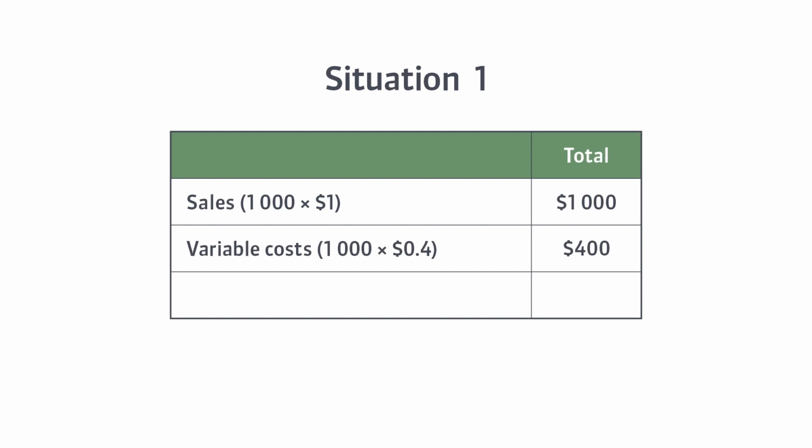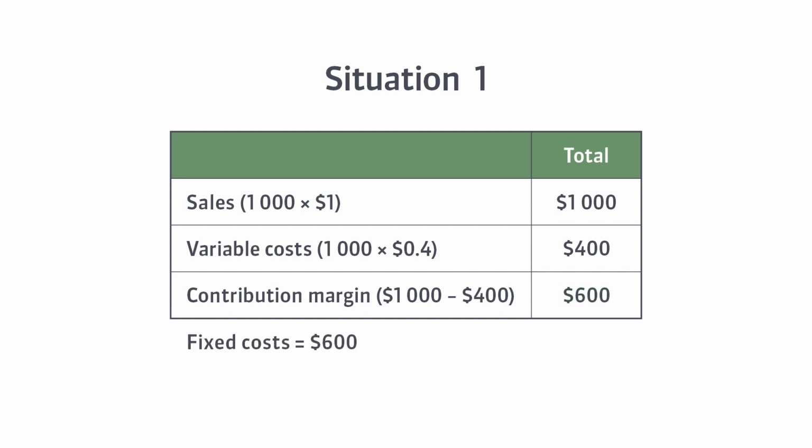Our sales will be $1,000, variable cost $400, and the contribution margin will be the difference between sales and variable costs. In this case, the contribution margin is $600. See how easy it is to calculate it?